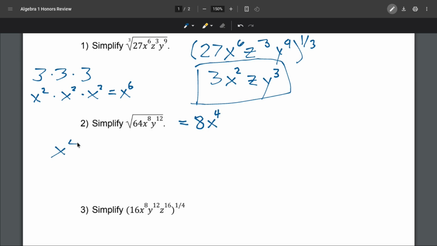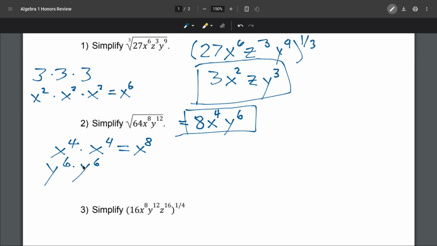Because, again, x to the 4th times x to the 4th equals x to the 8th. And then the square root of y to the 12th power is y to the 6th. And again, y to the 6th times y to the 6th, add the exponents, equals y to the 12th.